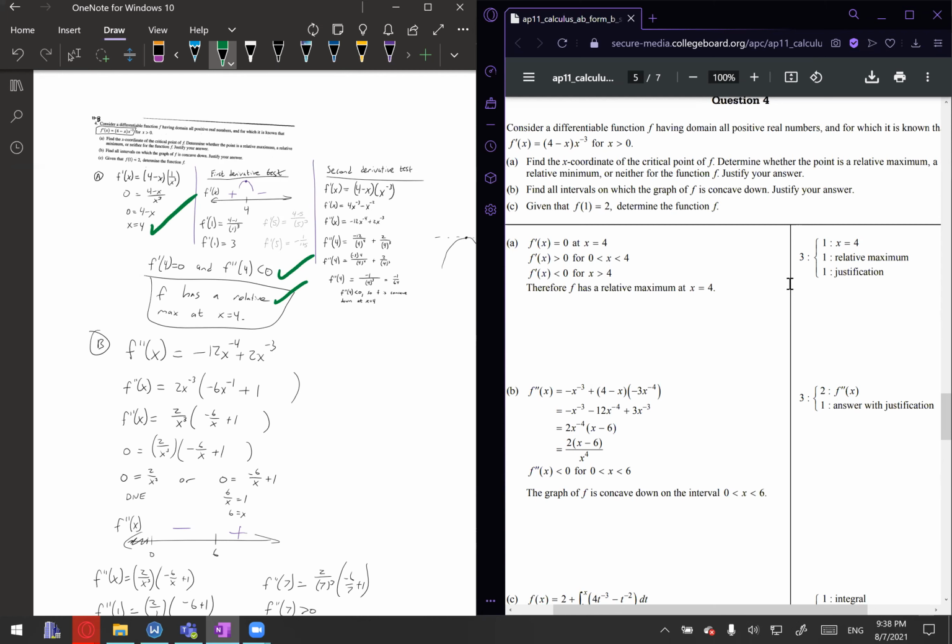Okay, for part B, find all intervals where you're concave down and justify the answer. 2 points for the derivative, or second derivative of f. Okay, the second derivative of f is 2 over x minus 6 over x to the 4th power.